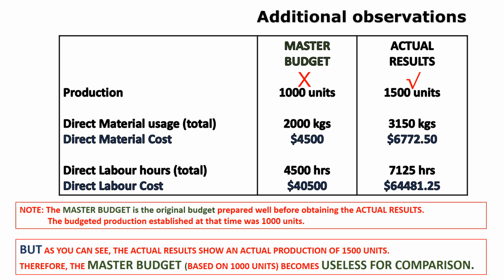Therefore, the master budget becomes useless for comparison. It would have been better if the master budget was based on 1,500 units, same as the actual results. But, of course, it was not possible to guess in advance that the actual results would be based on 1,500 units.